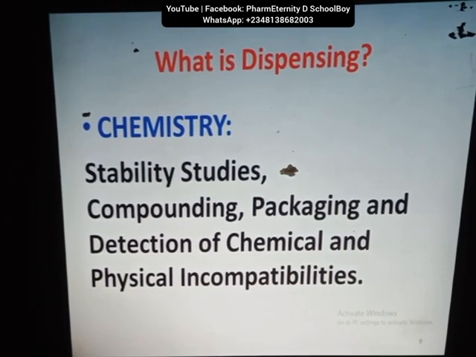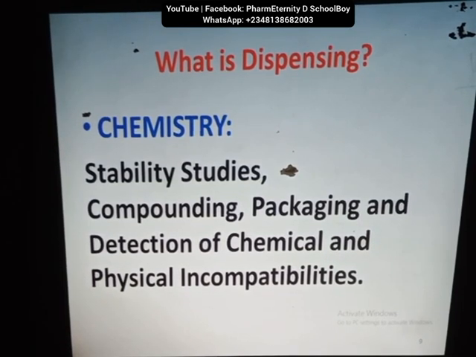Then packaging. Most of the packaging materials are made up of chemicals, as synthetic products. Most of them, plastic, glass, strip, blister.